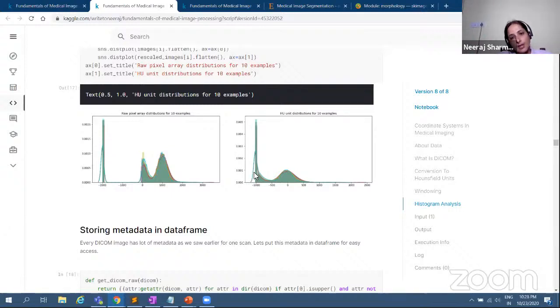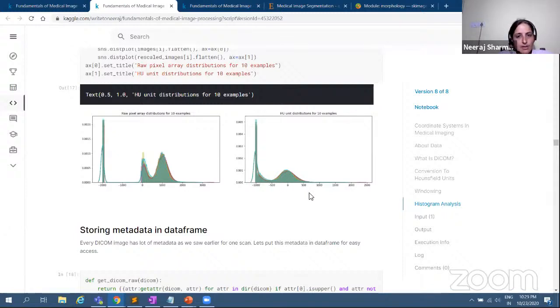Then around -500, it starts with the lung, and then it goes on, and there is some bone also, bone starts from 300 to 500 and so on. There are some fat and muscles in the 30 to 40 range. So this makes more sense.